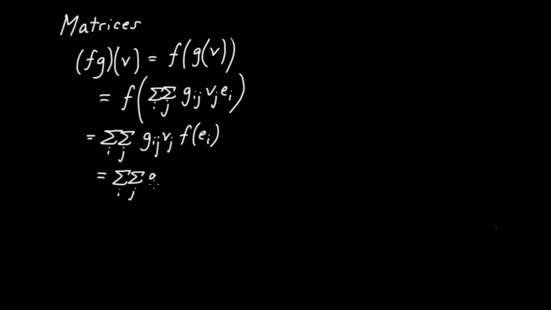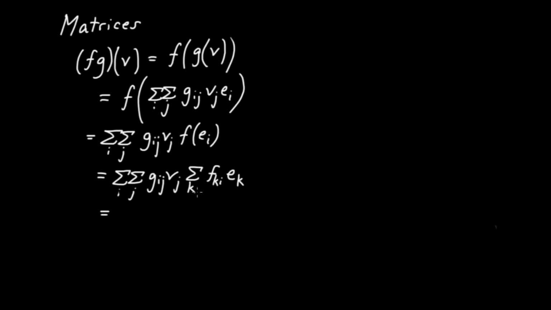I'm going to let that be the sum over k, since that's one index, one letter we're not using. So now we're going to have the sum over k. Now this time we're going to have f. So we're going to get the kth component of how f operates upon e sub i times e_k. Notice that index, that letter lines up with this one.